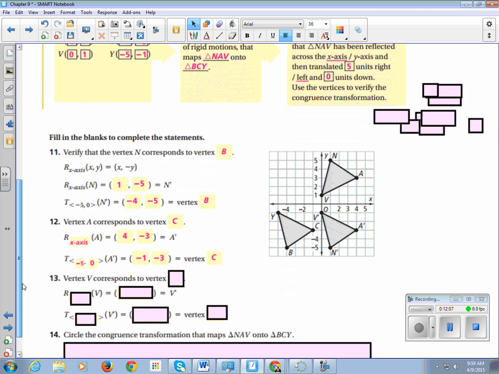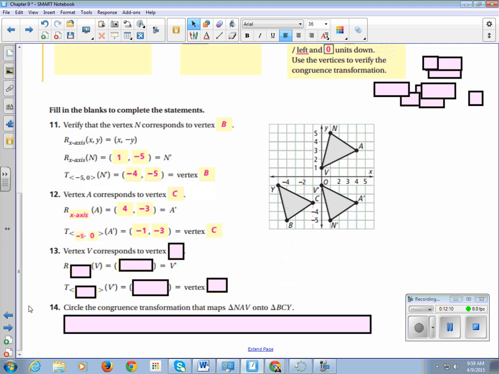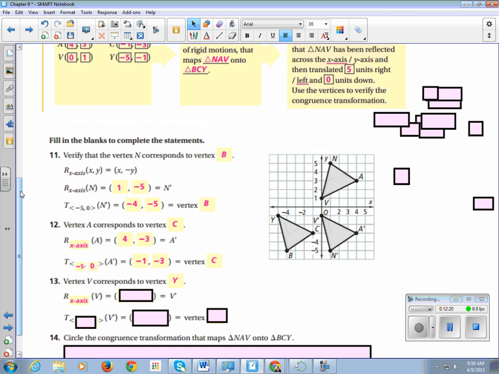All right, so we're going to follow that same process with our last vertex. We can map V to Y. We're going to reflect it across the x-axis. We take 0, 1, and we make the 1 negative. And then we subtract 5 from the x-coordinate.